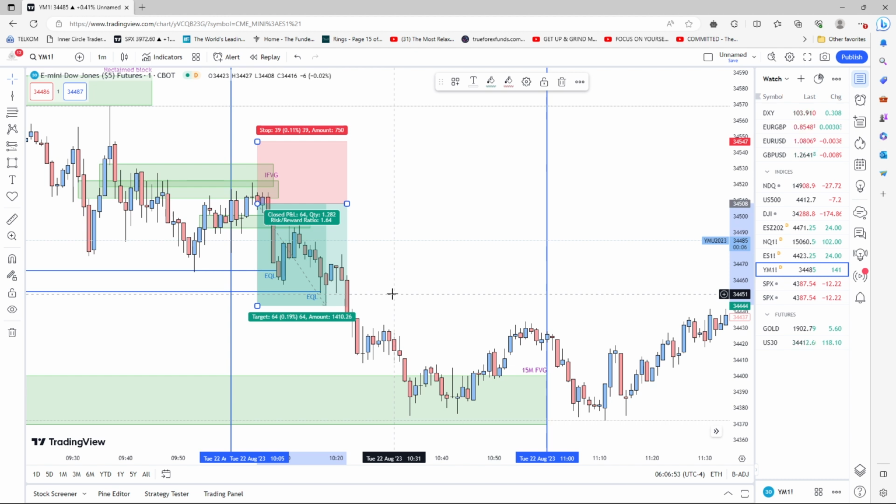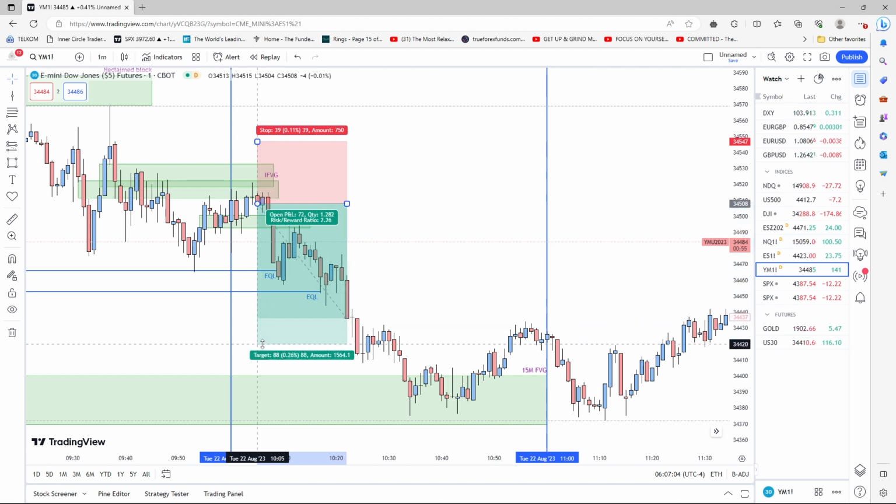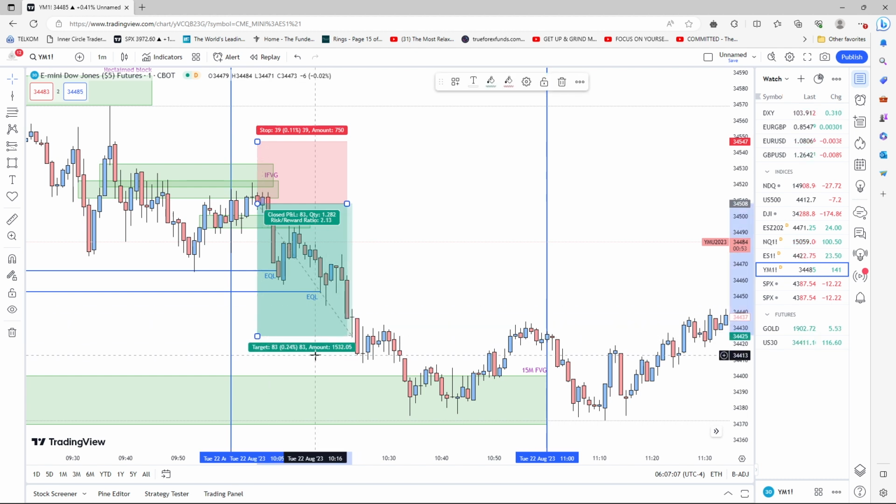You're looking at a couple more, about 7-ish handles over there. You're looking at roughly about 24% to get your 10 handle mark. That would be your 10 handles.